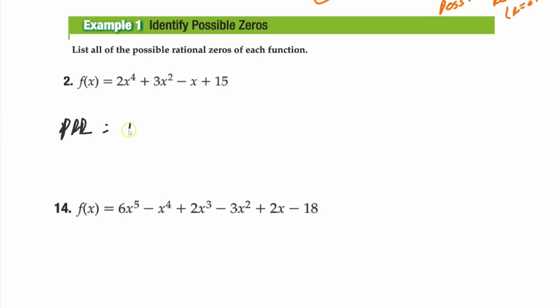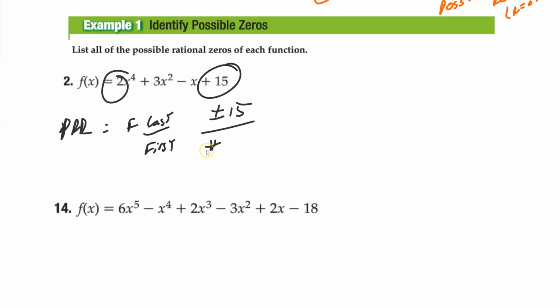And the way this works, it's the factors of the last over the first. So here's my last, plus and minus 15, over the first, plus and minus 2. So my factors of 15 are plus and minus 1, plus and minus 3, plus and minus 5, plus and minus 15.